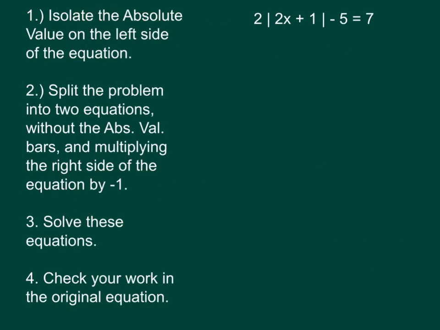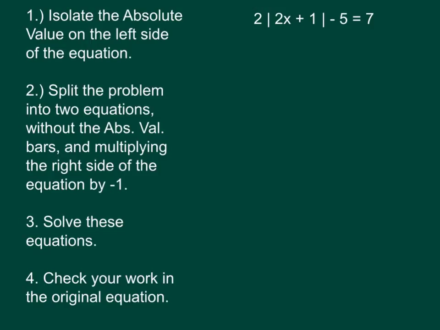So, solving an absolute value equation, or any equation that involves an absolute value of a variable expression, is not too difficult, but there are a couple of things that we need to do. First, we need to isolate the absolute value on the left side of the equation. That means taking this whole thing and getting it by itself, almost as if it was just one big x.